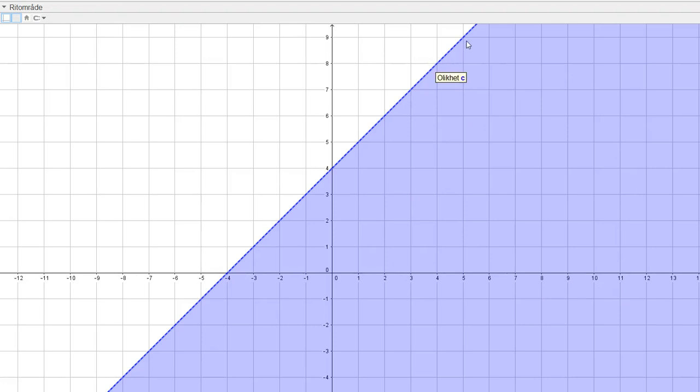And as you can see here, the line is a broken line. Why? That indicates that the line itself is not included in the solution.